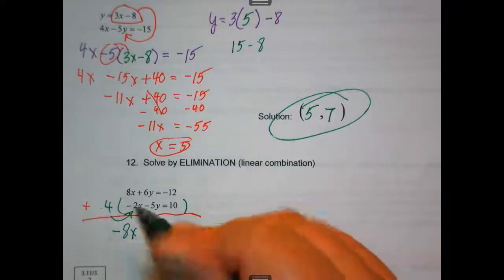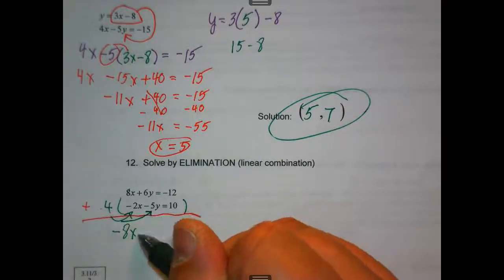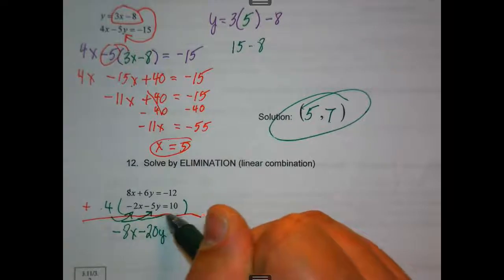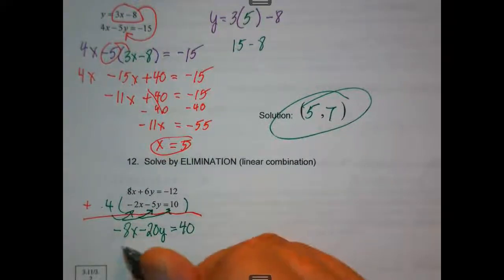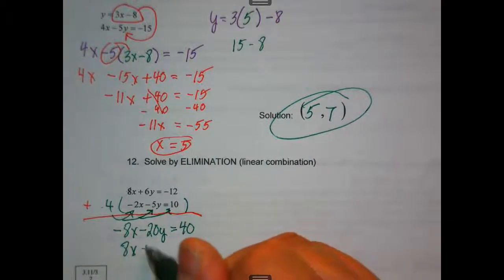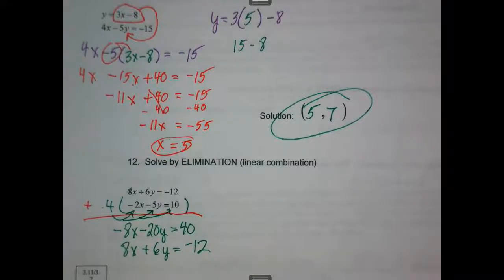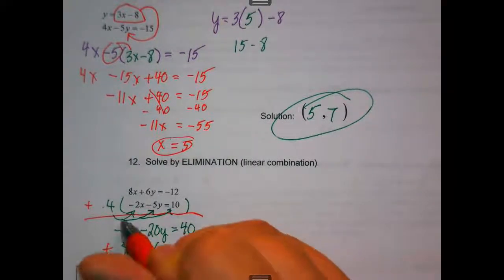Okay. Negative 8x. 4 times negative 5x is negative 20y. 4 times 10 is 40. Copy down the first one. 8x plus 6y equals negative 12. Now I can add them together, eliminating one of the variables.